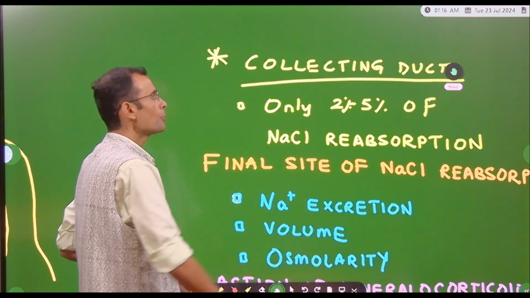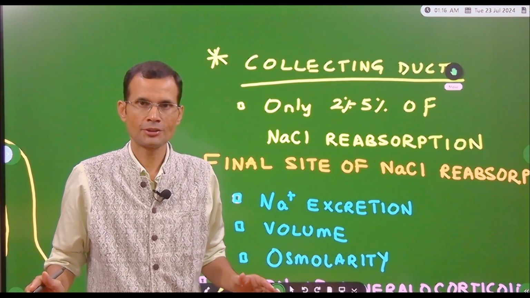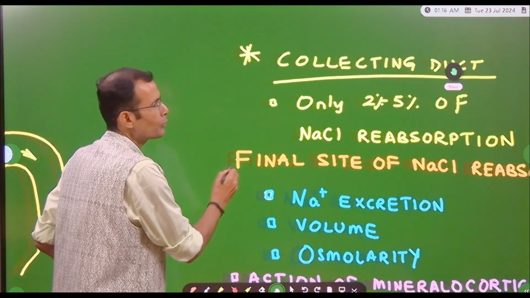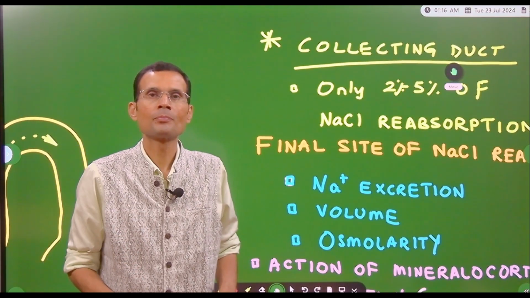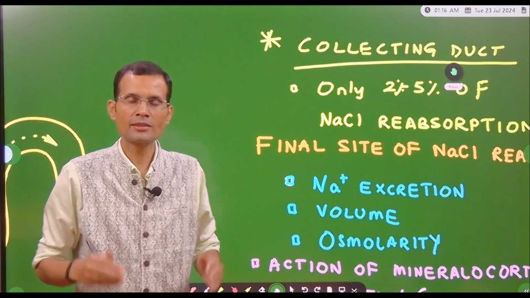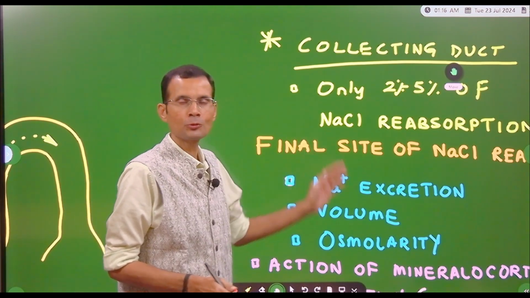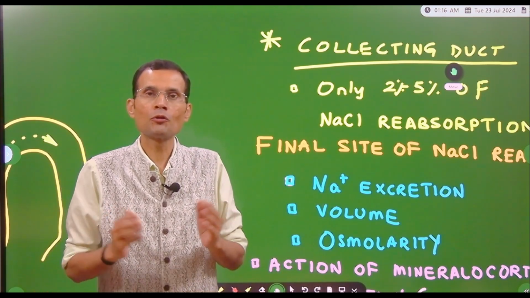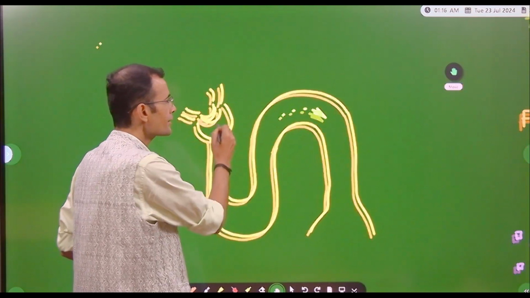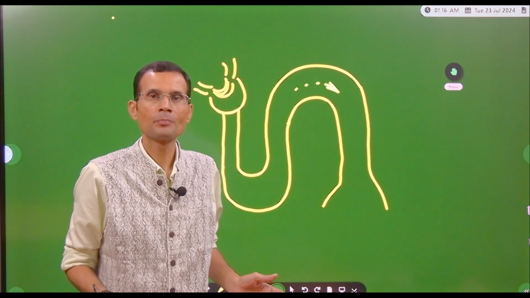Only 2 to 5% of the sodium chloride is reabsorbed from the collecting duct. Only 2 to 5%. Why do I mention it? Because most of the diuretics exert their diuretic action by preventing the reabsorption of sodium chloride. So we will be interested in knowing which segment is reabsorbing how much sodium chloride.